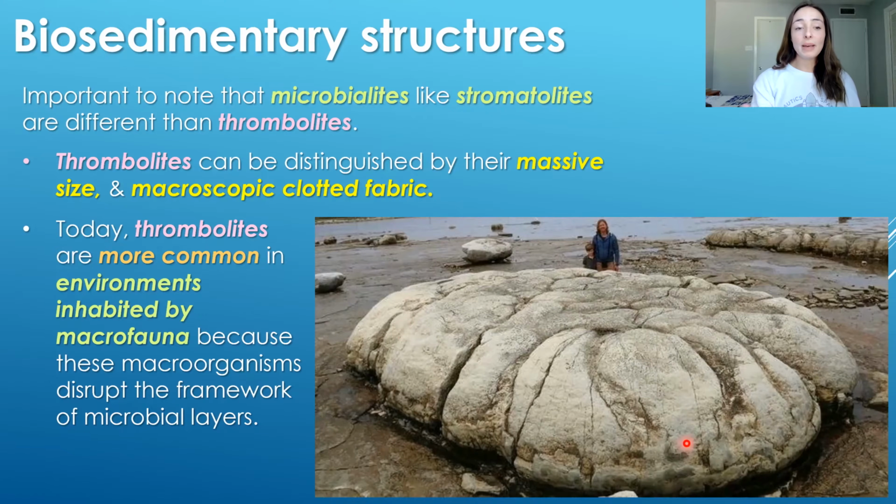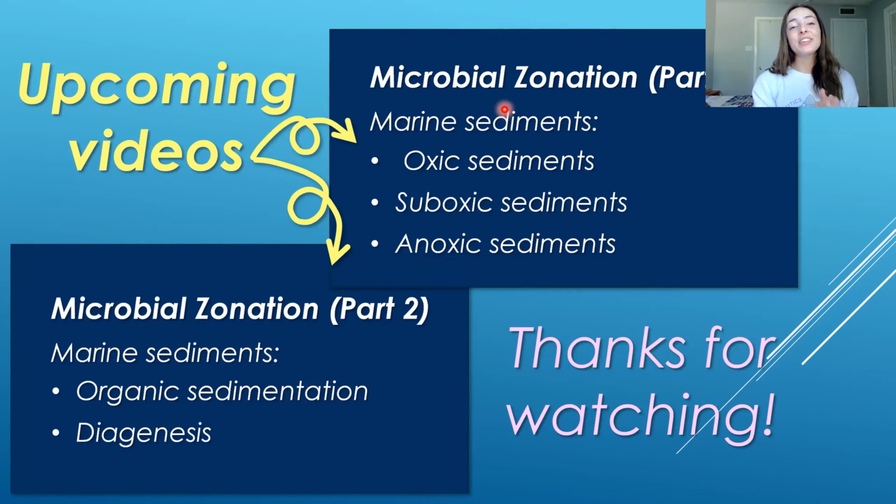And like you'd probably imagine, thrombolites are more common in environments inhabited by macrofauna and therefore are more common today on modern Earth, whereas on early Earth, stromatolites and microbialites would have dominated prior to the evolution and biodiversification of macroorganisms.